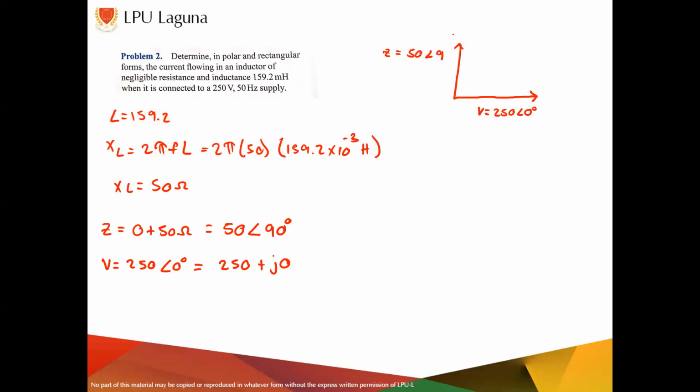Ito yung Z natin. This is Z, this is V. And we are looking for the I. Nasaan ang I? Ito yung I. Hinahanap natin yung I.